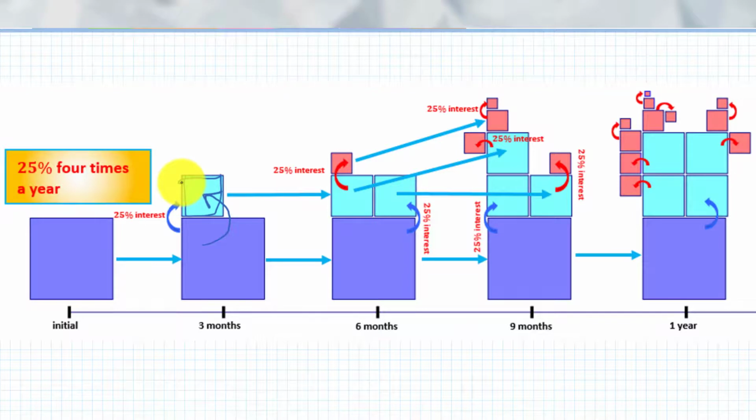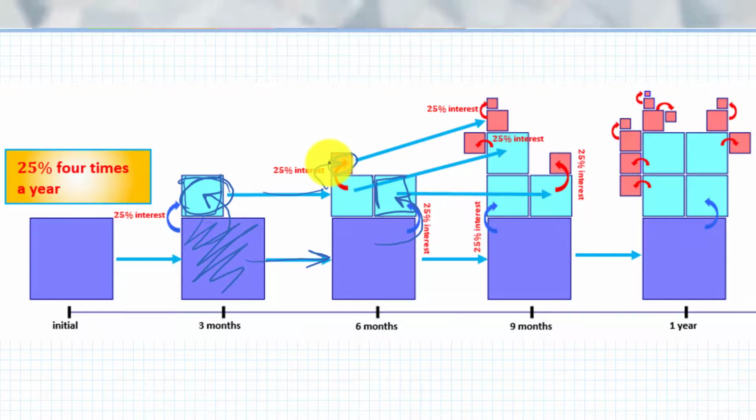This shape is 1/4 of the size of the original interest. At the end of the second 3-month period, the principal is still going to generate another 25% interest. But this interest on its own generates a 25% interest, a shape that is 1/4 of the size of that square.